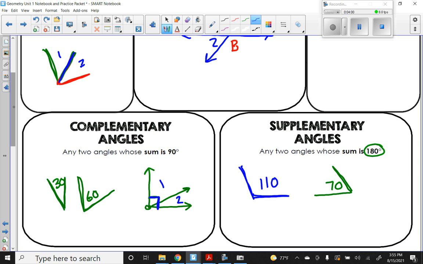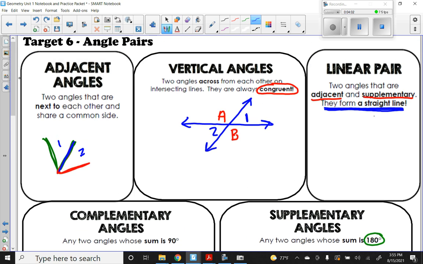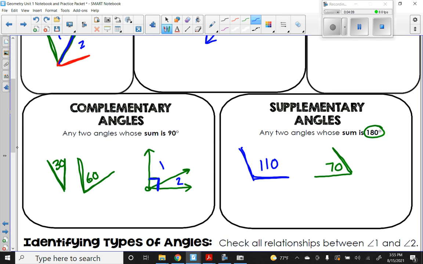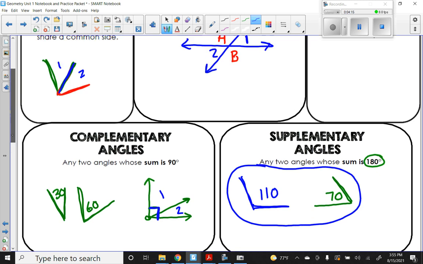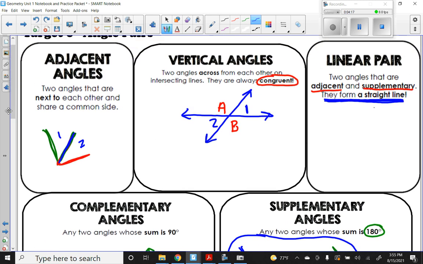So back to linear pair, which I think is the hardest one, because basically they're supplementary angles. So this is not what you see here. This is not a linear pair. They are supplementary, but a linear pair has to be adjacent and go on a straight line.